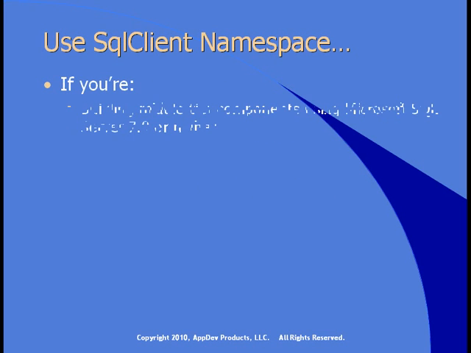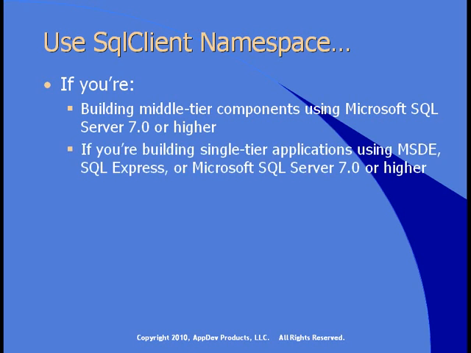You want to use this namespace if you're, for example, building a middle-tier component that uses SQL Server 7.0 or higher, or if you're building a single-tier application using the Microsoft Desktop Engine MSDE, which was the free version of SQL Server before SQL Server 2005, SQL Express, Microsoft SQL Server 7 or higher, or any other flavor of SQL Server that comes out. That's what you use for that sort of application.